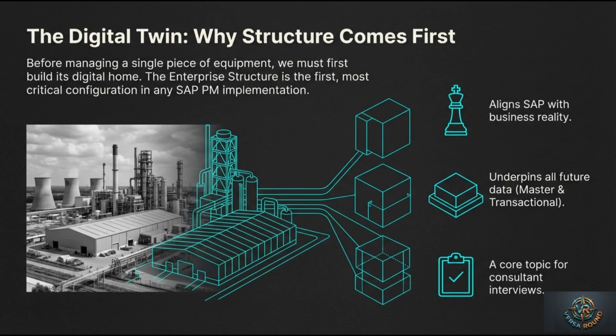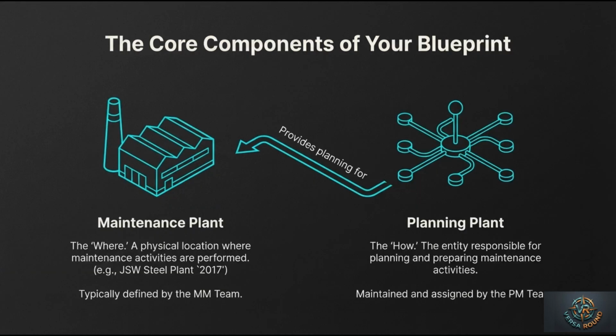It aligns SAP with your business reality. Your SAP system should mirror how your company is physically and organizationally structured. It underpins all future data. Every piece of master data, like equipment and functional locations, and every transaction, like a maintenance order, will tie back to this structure. Consultants are expected to know this inside and out.